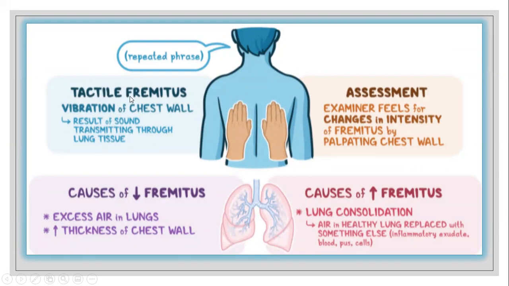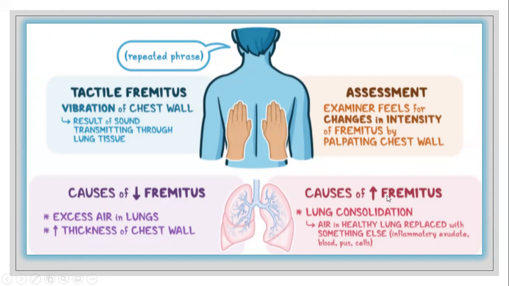So tactile fremitus is increased transmission of the sound wave through the consolidation of lungs. So you see, what are the causes when tactile fremitus is reduced? If excess air in the lungs, like pneumothorax, or if increased thickness of the chest wall.